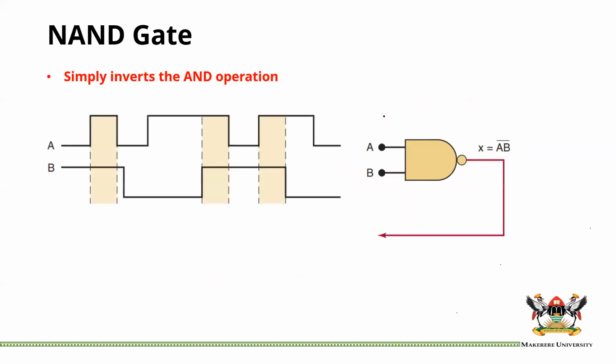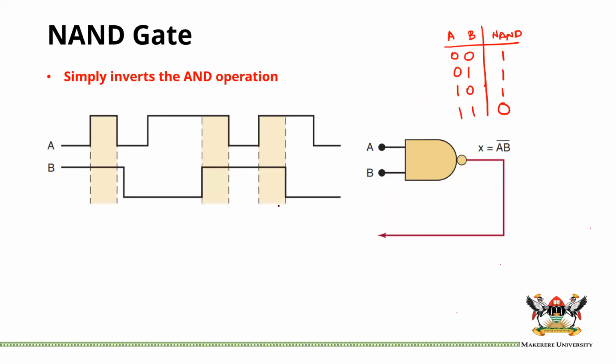Now, from what we have seen, we have A, B, and our NAND is going to be 0, 0, 0, 1, 1, 0, 1, 1. So our NAND output will be 1, 1, 1, and 0. It will be 0 only when the two inputs are high.